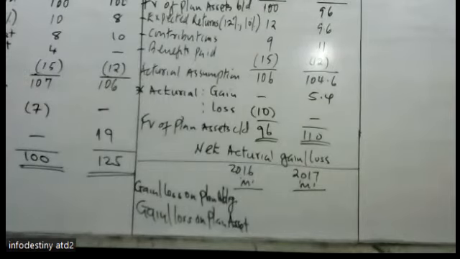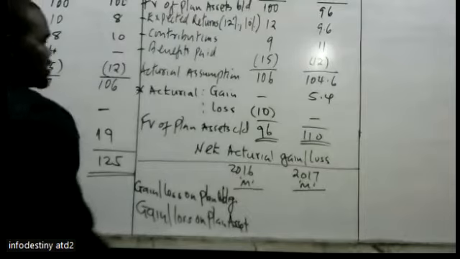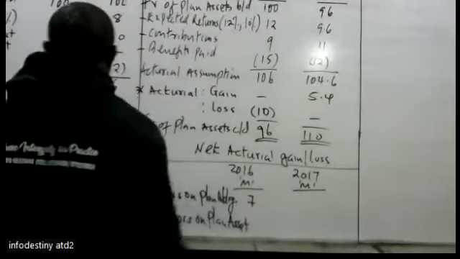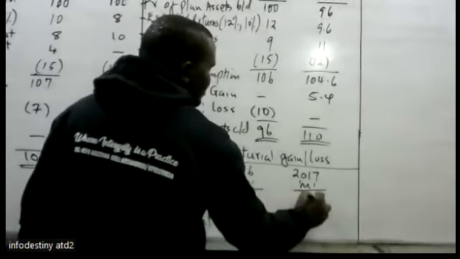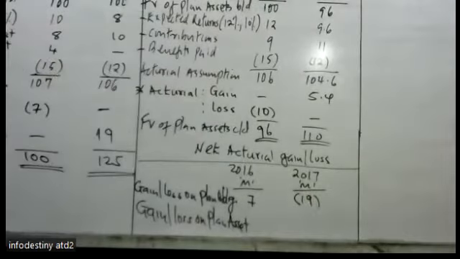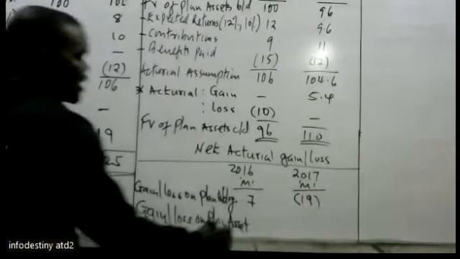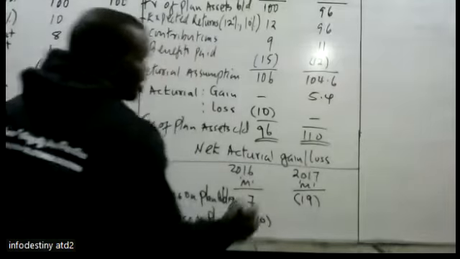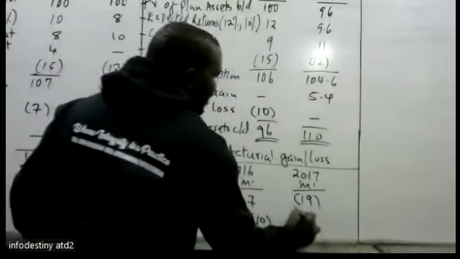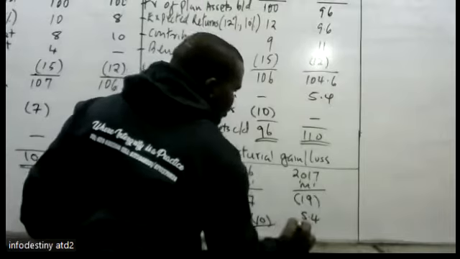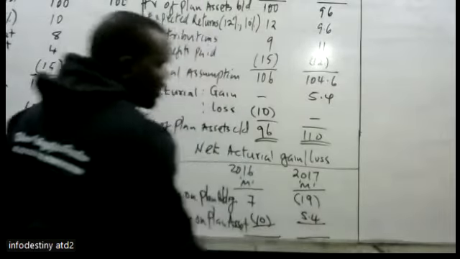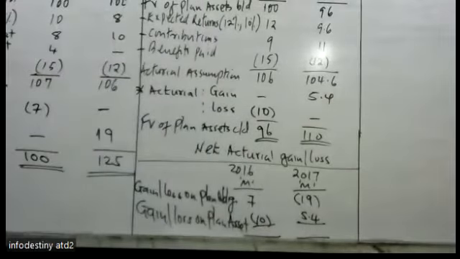So on obligation, 2016 we gained 7. We lost how much? 19. For assets, here we lost 10. We gained 5.4. So the net remains a loss. The net is a loss.